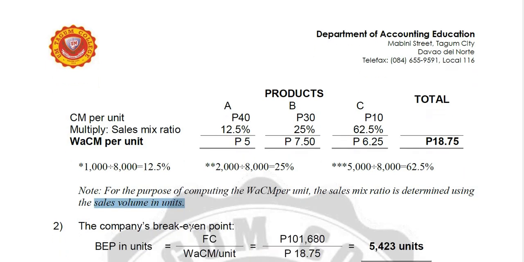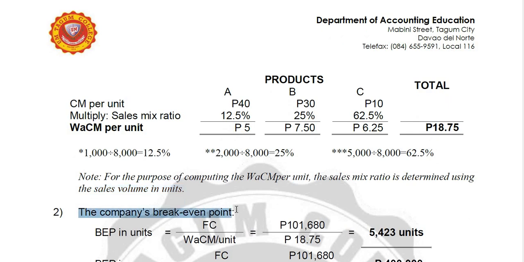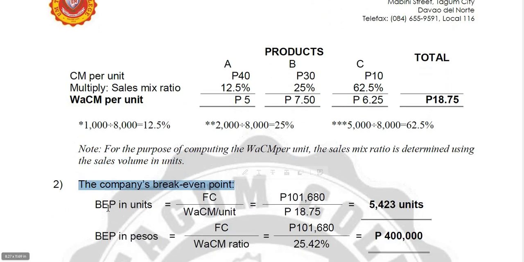Okay? So, if you are to compute now the company's break-even point, ito na yun, your fixed cost, you divide it by the weighted average contribution margin per unit. So, that's 101,680 divided by 18.75. So, ito yung total mo na break-even point in units. So, ibig sabihin, dapat yung total ng product A, product B, and product C na mabenta mo should be 5,423 units.